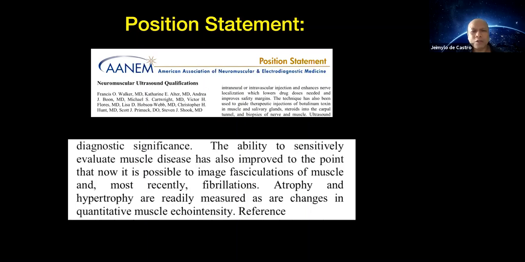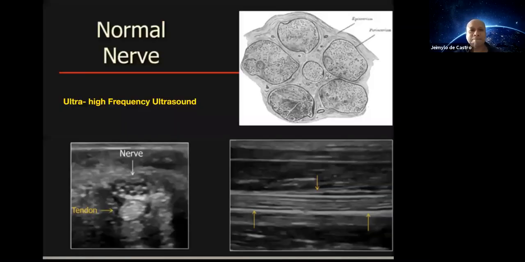You can also see those small fibrillations in the muscle by ultrasound. This is a very interesting finding, because even as we say that EMG can record and document fibrillations and fasciculations, the ultrasound can also show them in dynamic images. So it's very interesting to compare how these two findings could correlate and come up with a specific diagnosis.